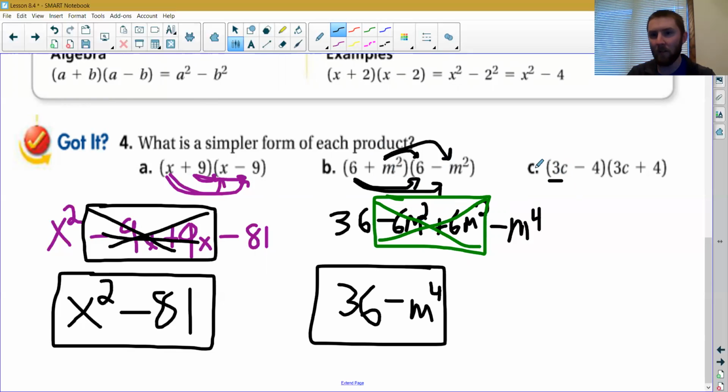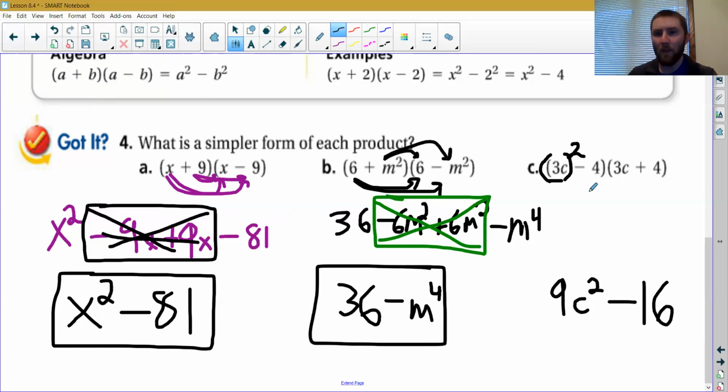So what we can do is, instead of doing double distributive property, we can simply take the first piece right here and square it. Okay, so if I look at this example, 3c minus 4 and 3c plus 4. If I take the 3c and I were to square that piece, well, 3 squared is 9, and then c squared is just still c squared. And then I have a minus 4, and if I were to square the 4, I would get 16.